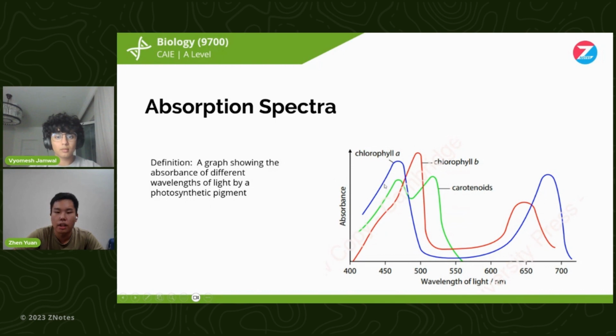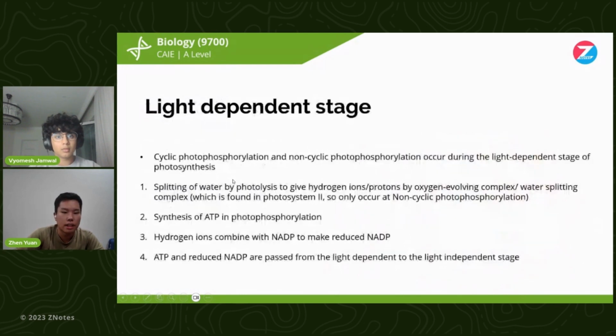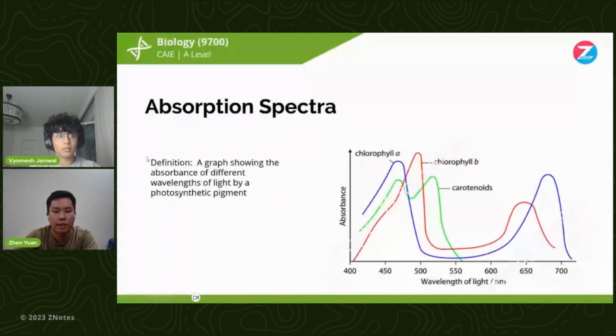Quite interesting, but there's not much to it. That's essentially the definition: a graph showing the absorbance of different wavelengths of light by a photosynthetic pigment.